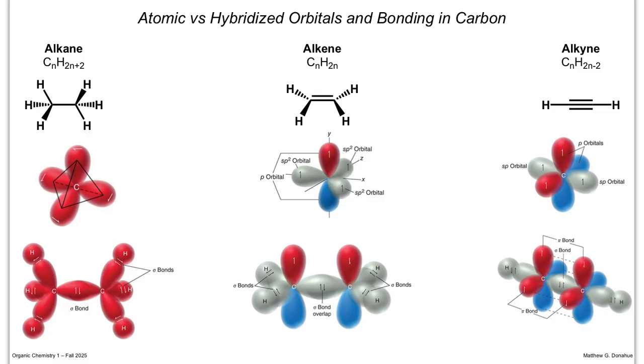So in an alkene, we have the two sp2 hybridized carbons. They form a central sigma bond. Then you have a p orbital with an electron, a p orbital with an electron. 2 electrons make the pi bond. And so this is what, again, is a little screwy about this.